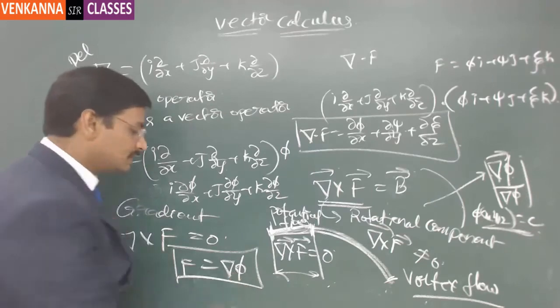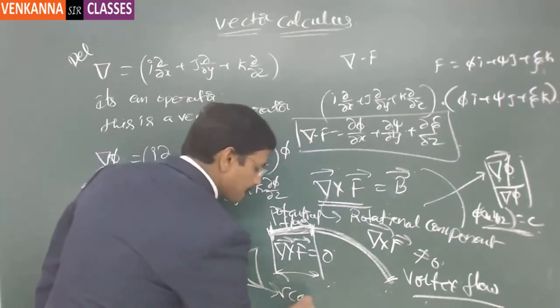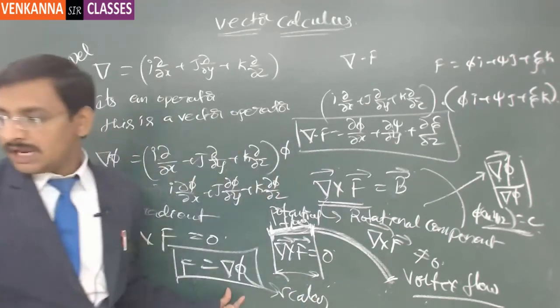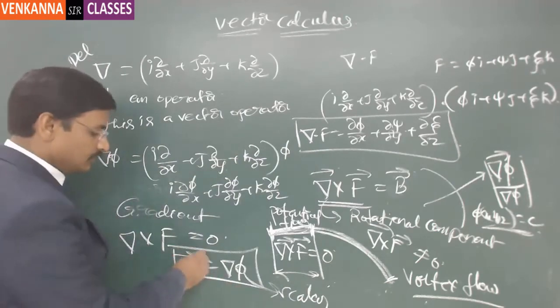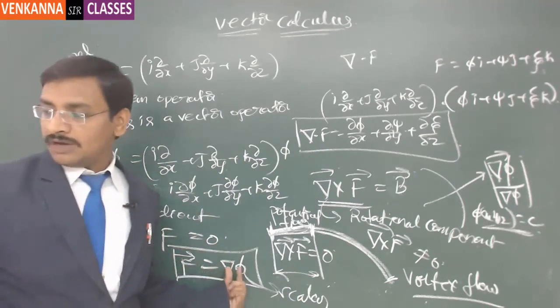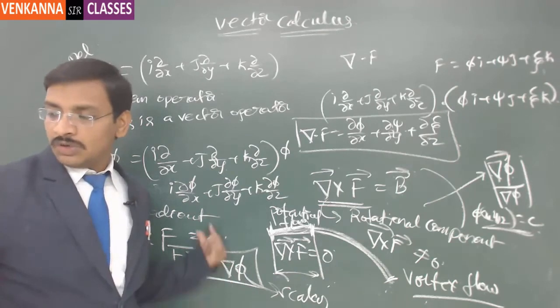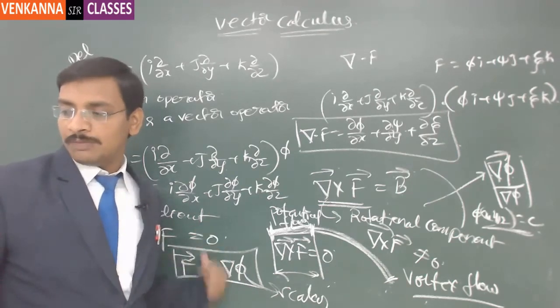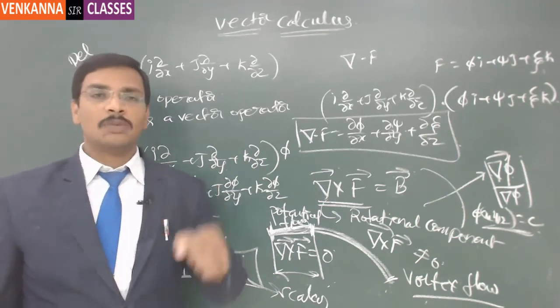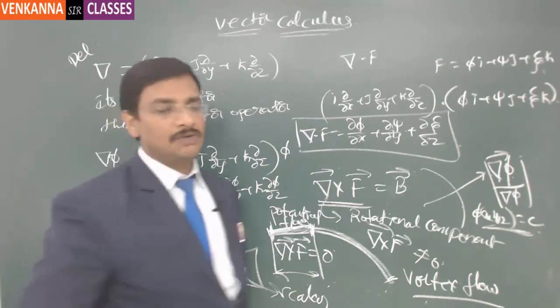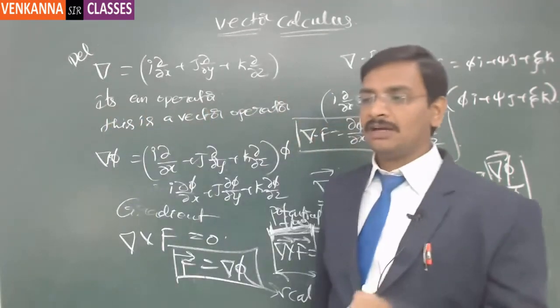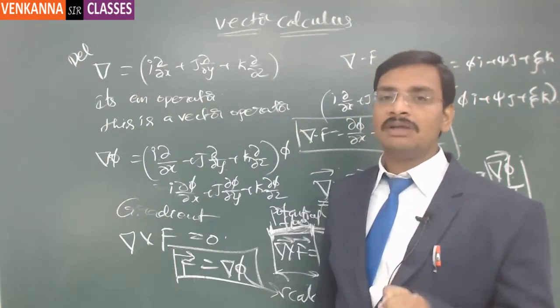That is, phi is a scalar value and F is a vector. So it gives the ideology of converting a vector to a scalar. Otherwise we need to operate only with vectors, but it is very, very complex for analysis purposes. If you take an electric field, it is a vector field, having its own direction.